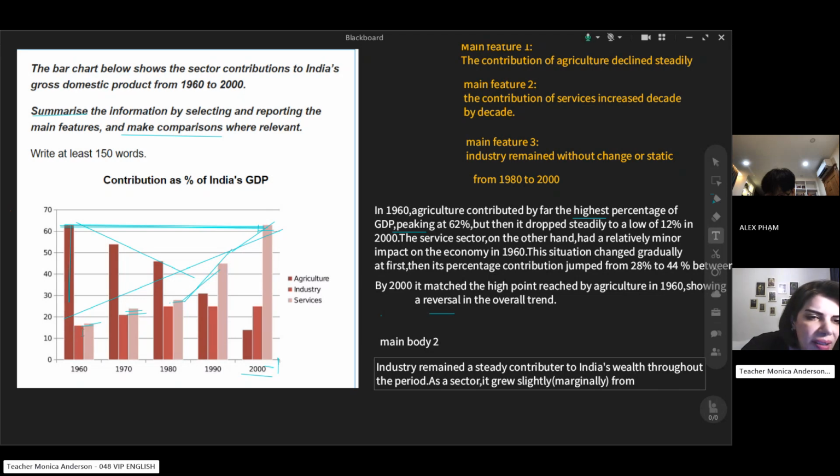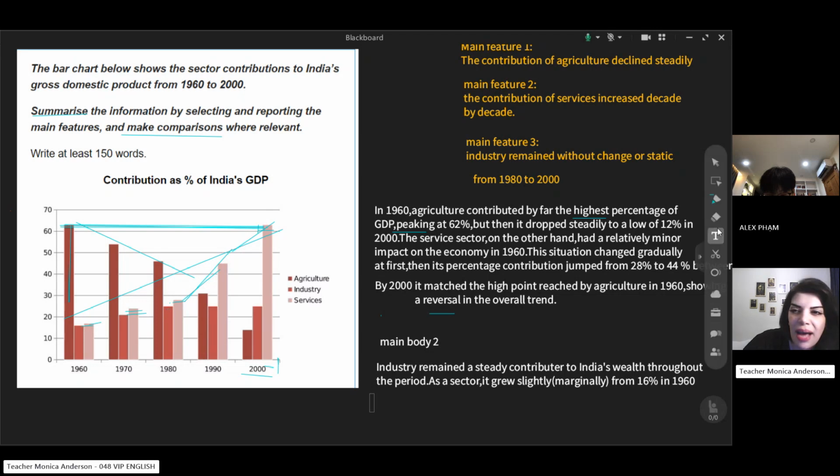Marginally or slightly from what percent? Let's have a look at this part. Here it's about 15, no, 16 maybe. Yeah, 16% in 1960. And then, as you can see, it increased or grew slightly to 1980.